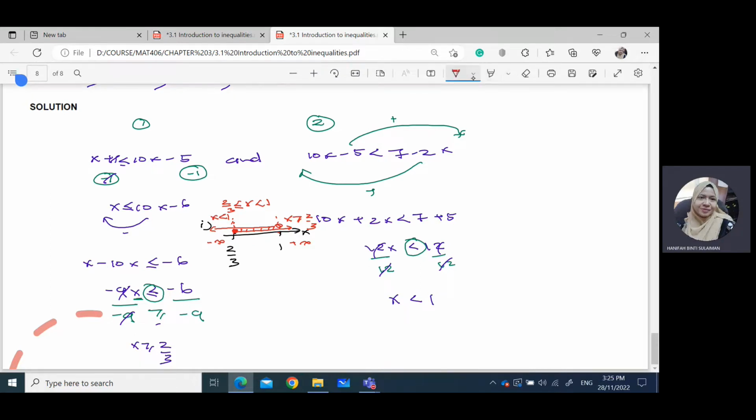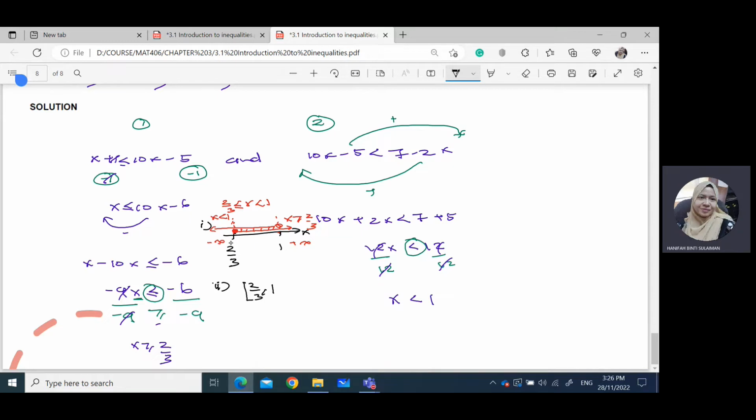So dalam interval notation, senilai yang paling kecil untuk x kat sini adalah 2/3. So since 2/3 is inclusive, okay, so we use square bracket. Okay, square bracket. So untuk 1, so 1 does not include in x value. Sebab x value ni kurang daripada 1.